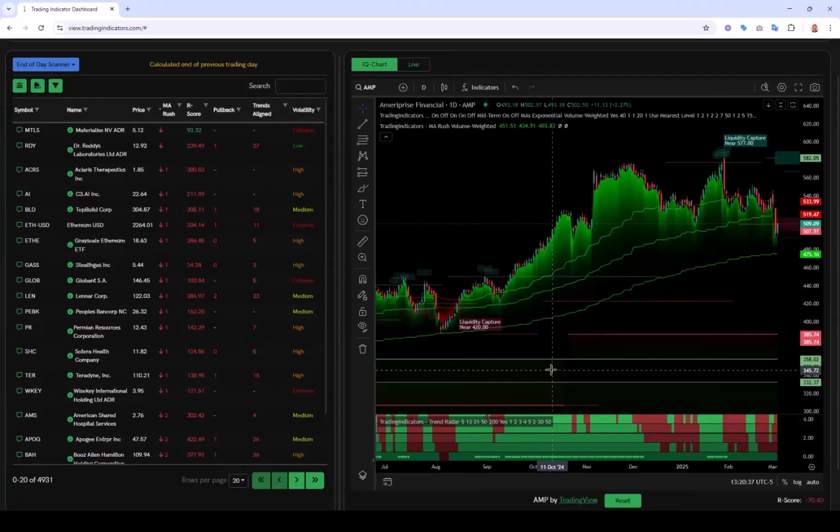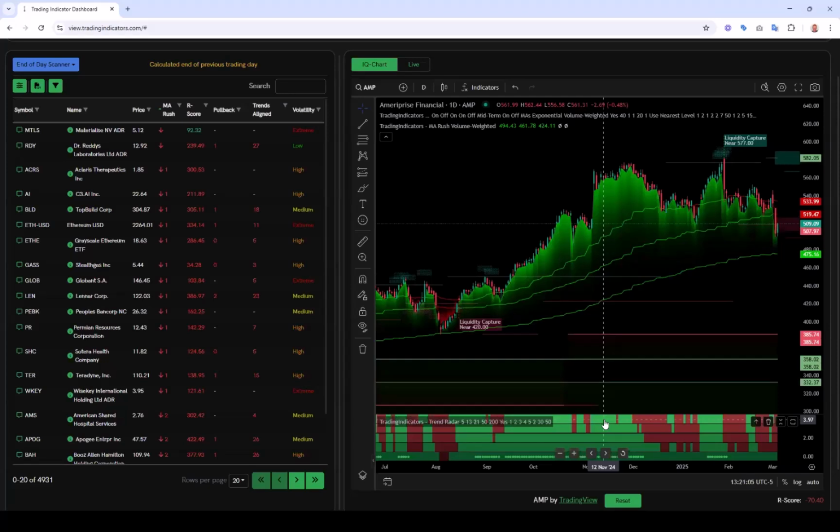These are what we call alignment dots, meaning that the moving averages that we use to measure our trends in trend radar are stacked. So in an uptrend, the shortest period moving average is above the medium term MA, which is above the longer term MA, which is above the longest term MA. They're all sorted. And this can be interpreted as a sign of trend strength.